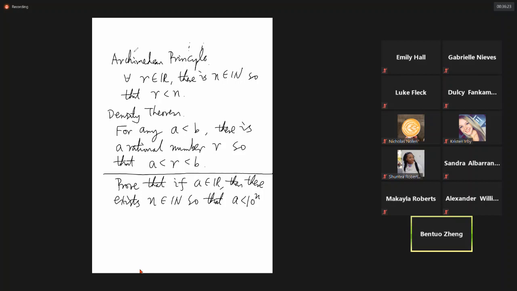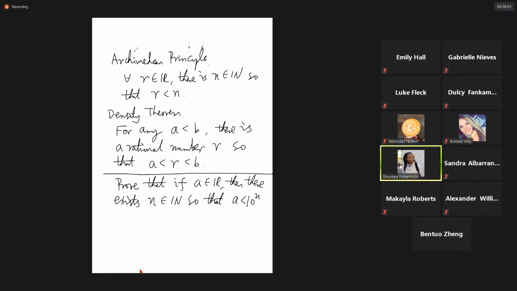So, does anyone have an idea how to prove this one? Would you be using the Archimedean principle to prove that? Okay, we use the Archimedean principle and then?